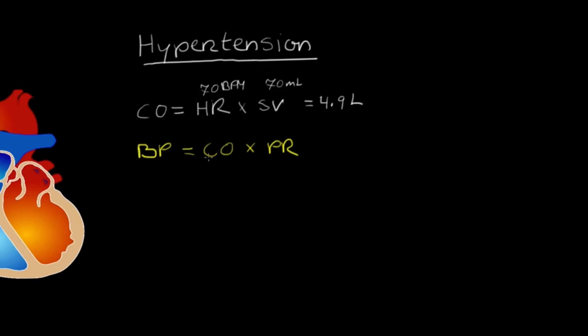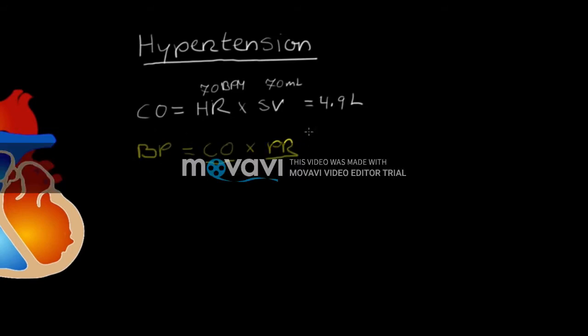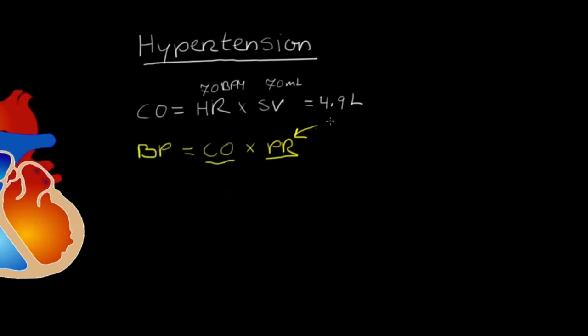And if you affect any of these two factors, you're going to affect blood pressure. Now, usually when we're dealing with hypertension, the main cause of increased blood pressure is going to be your peripheral resistance. There's something that is affecting the ability of the blood to flow through those vessels, and that is going to increase your blood pressure.